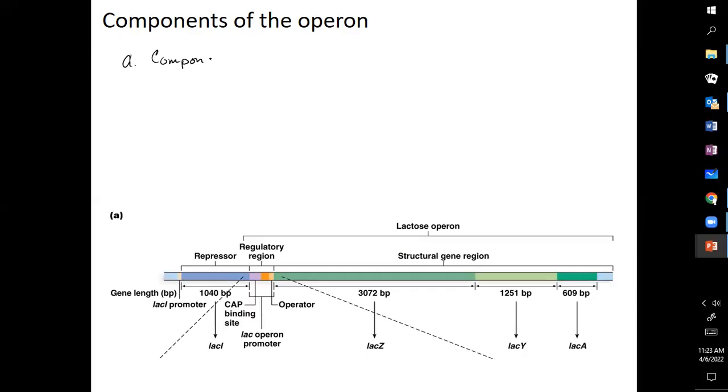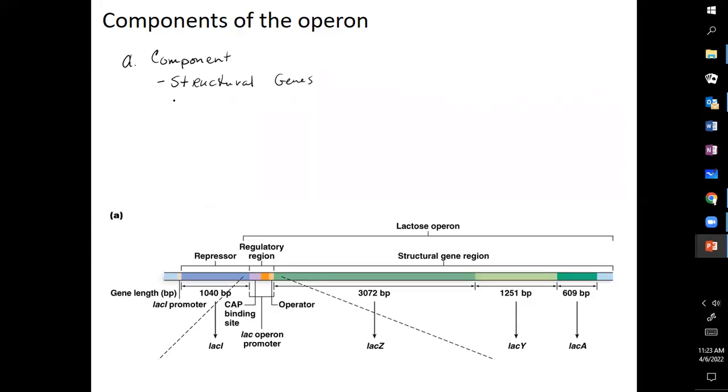The genes that are coordinated together under the control of the same promoter are called structural genes. Now, it's not like a physical scaffold; it doesn't have anything to do with actual structure, but it's how we refer to the genes under the control of the same promoter region. There are 3 of them.